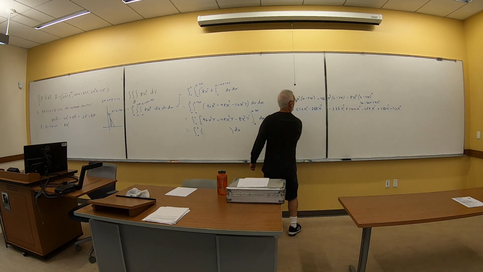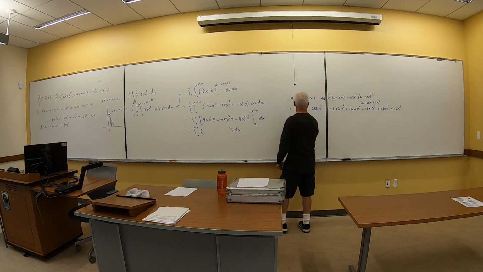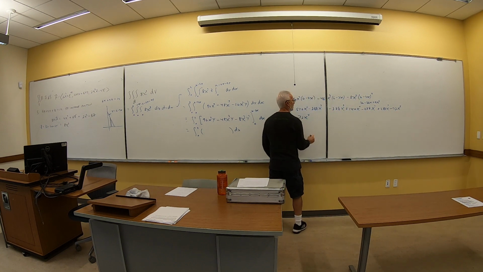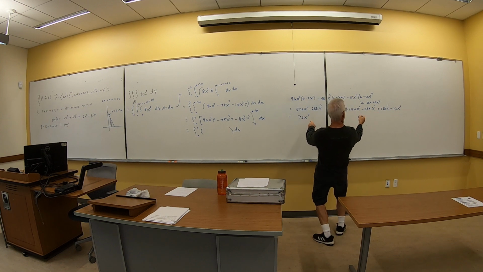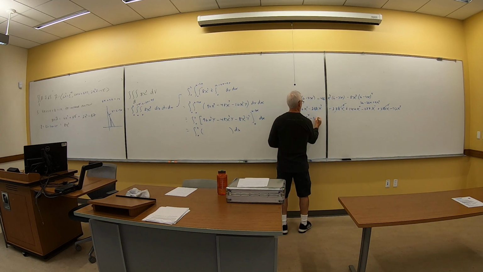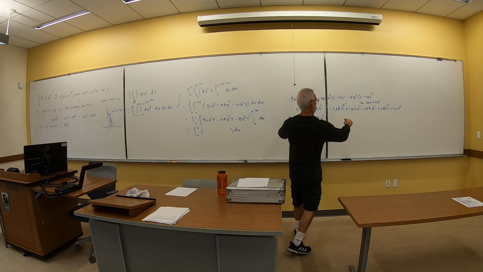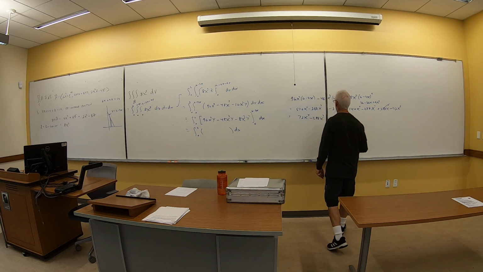And in the end, what do I have? It looks like 72x to the fourth. Oh, okay, at least one of those cancels. So minus 288x cubed, and then plus 288x squared.